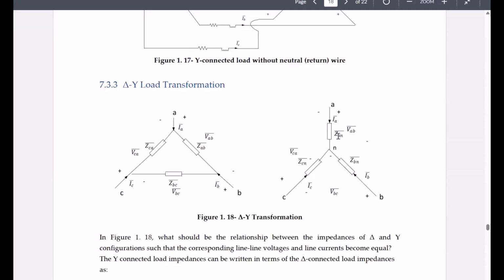You can find those three impedances in a way that the same voltages would fall on the terminals of the load in both cases, and the same line currents would flow into the three terminals in both cases. If you can do that, it means that you found the equivalent Y from the delta or vice versa.